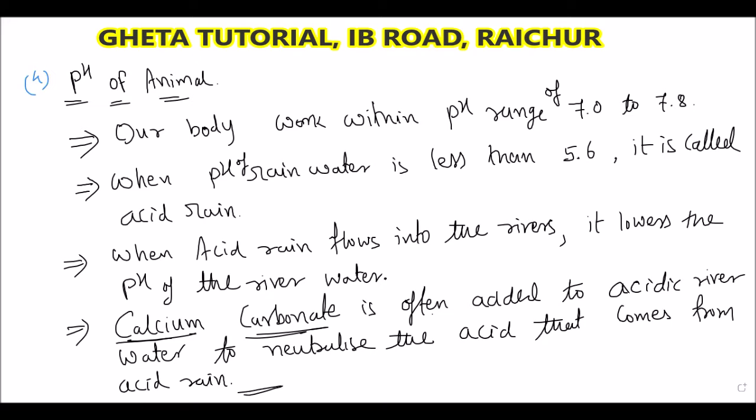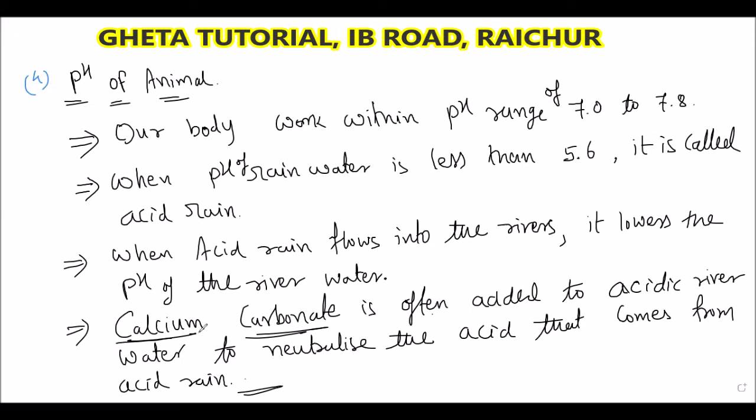In that way we can protect our aquatic animals. Calcium carbonate is the base which is often added to acidic river water to neutralize the acid that comes from acid rain.